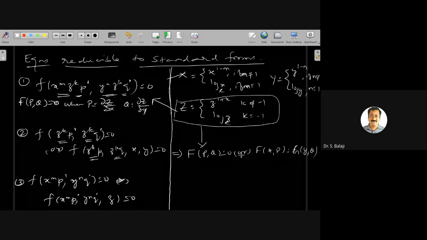If it is only P, Q, it is f of P, Q equal to 0. Z only gets substitution here, or z is converted into capital Z. The remaining things are the same. X is x only here, there is no conversion. Only z has the conversion to capital Z.